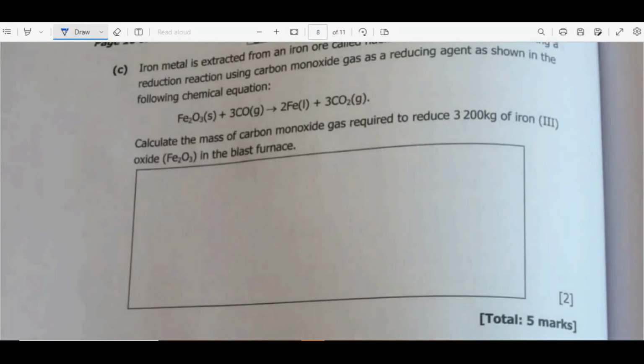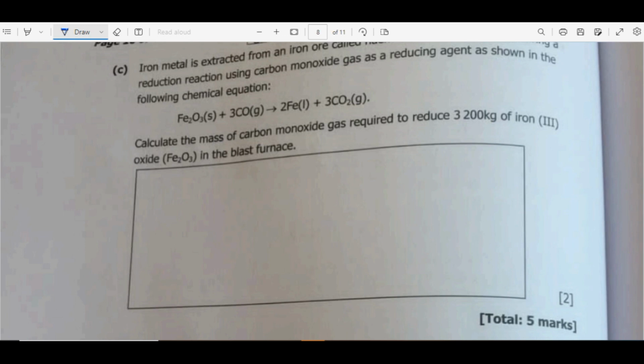Now we move on to question C. Iron metal is extracted from an iron ore called hematite in a blast furnace during a reduction reaction using carbon monoxide gas as a reducing agent, as shown in the following chemical equation.